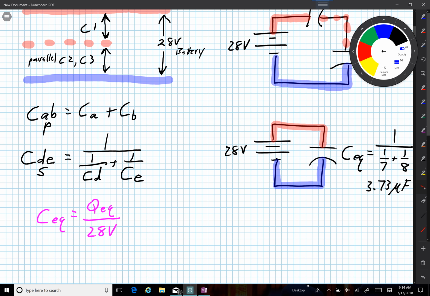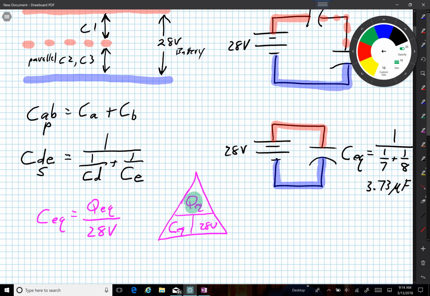So if I'm going to calculate this, just to remind you of our little equation triangle: Q equivalent, 28 volts, and C equivalent. I cover over what I don't know. So I don't know the Q equivalent.